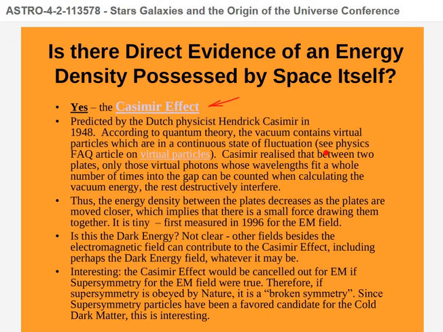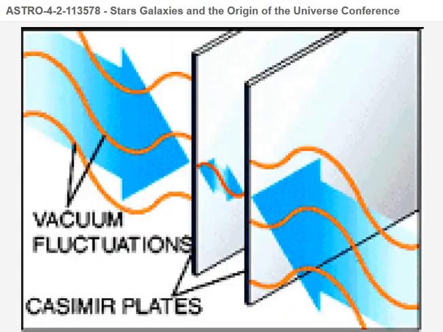And if you get two things very, very close together so that you begin to exclude whole de Broglie wavelengths between those two places, then you begin to exclude a certain amount of this vacuum energy. And therefore you'll create an additional pressure on the other side of it, and it'll cause kind of an artificial pressure difference that is the so-called Casimir effect. And we see that. It's a quantum thing.